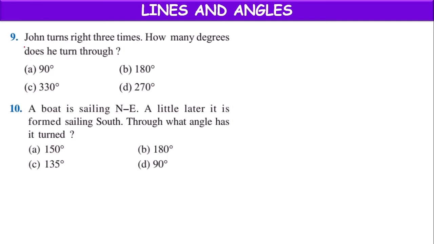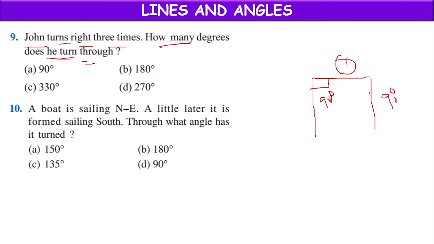Next. John turns right 3 times. How many degrees does he turn through? If he is going straight, he has taken towards his right. Right means he will be moving 90 degrees angle. This is first time turn. Again move towards right, second time, 90 degrees.